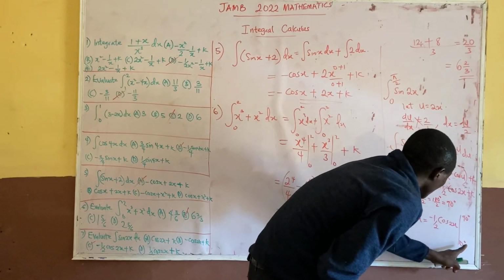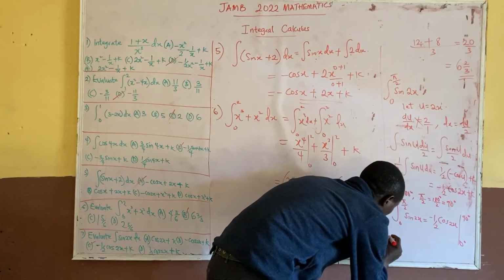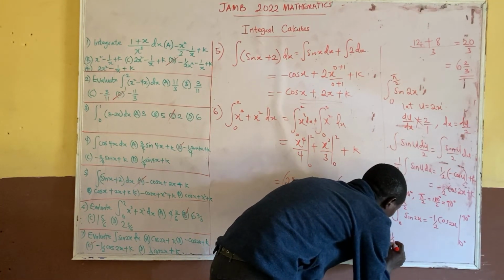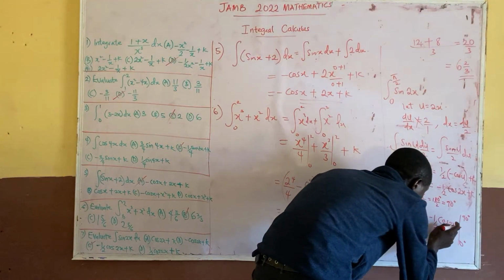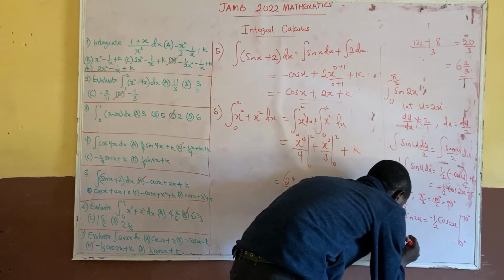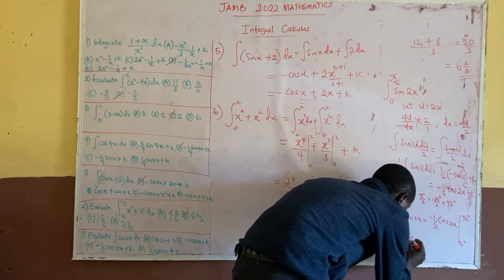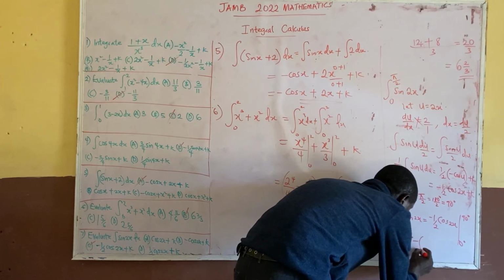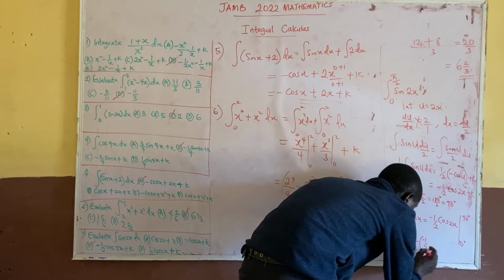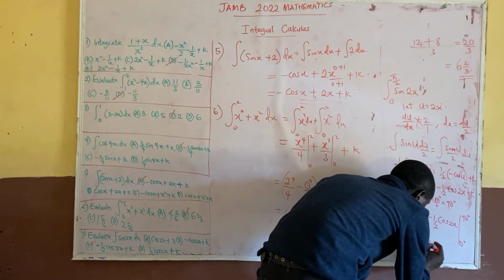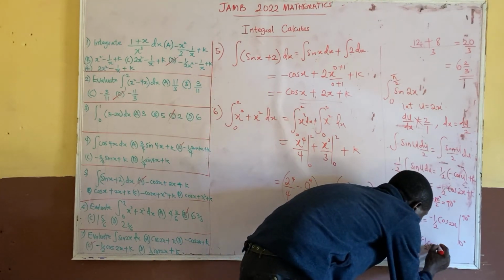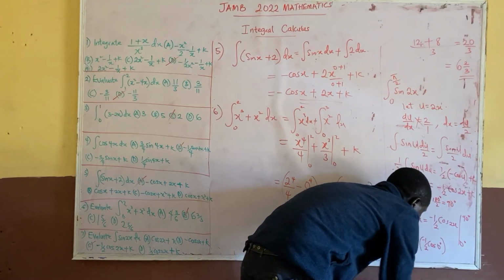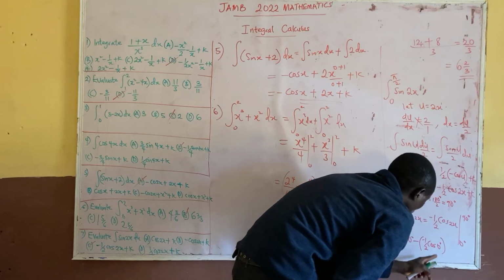Boundary 90 degrees and 0 degrees, and it means minus 1 over 2 cos of, for the first one, 2 times 90, which gives 180 degrees, minus, for the second one, minus 1 over 2 cos of 2 times 0, which gives 0 degrees.